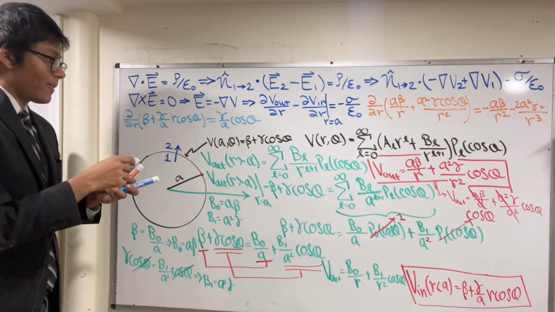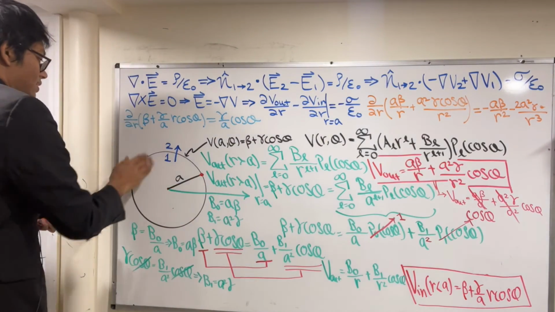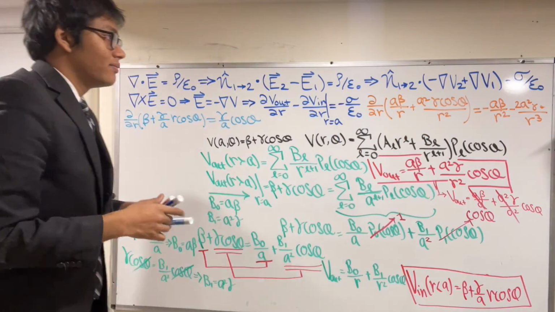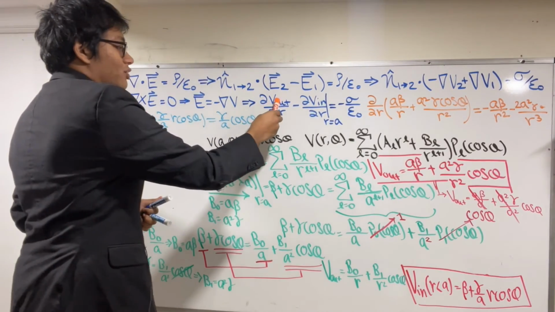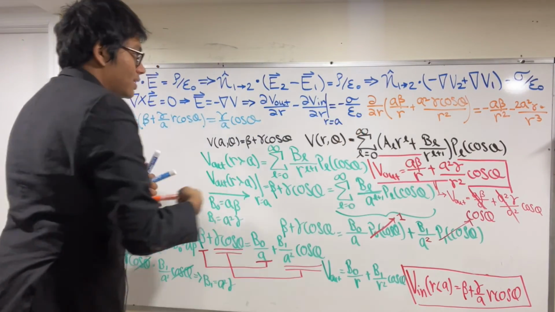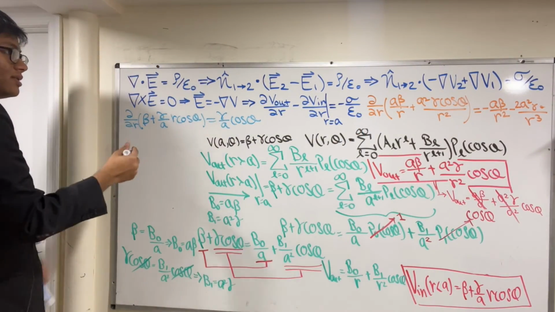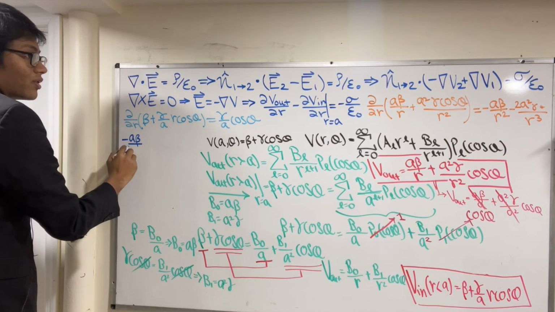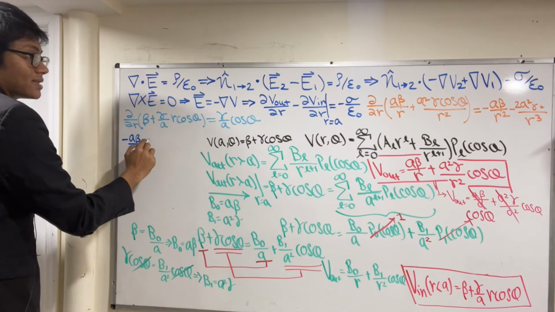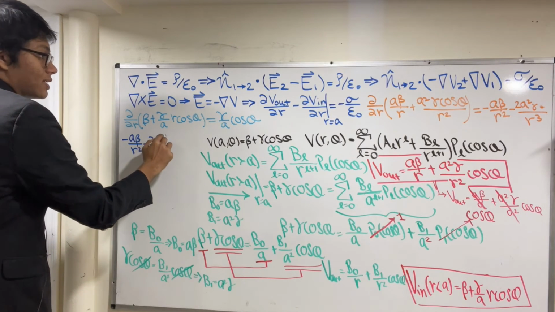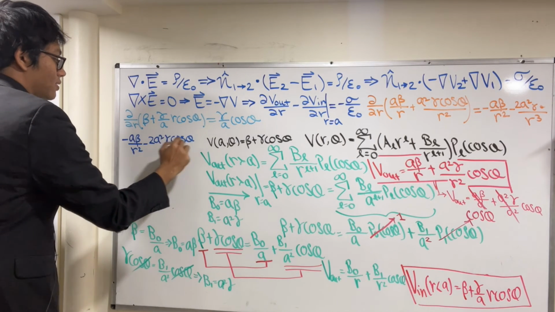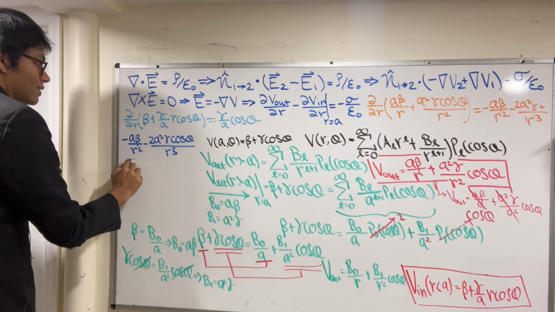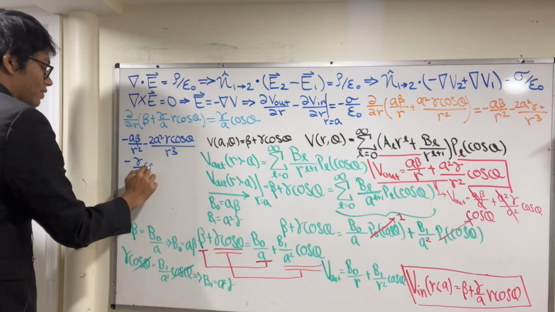So let's do that. Let me erase this big sphere. I'm going to take the partial derivative of the electric potential outside with respect to r and write it down right here. So we're going to have minus a beta over r squared minus 2a squared gamma cosine theta over r cubed, and then subtract from that gamma over a cosine theta.